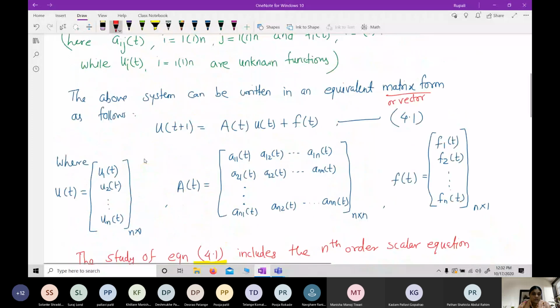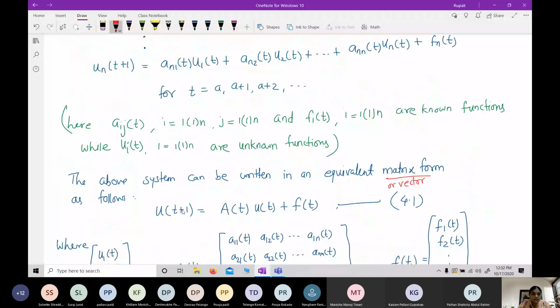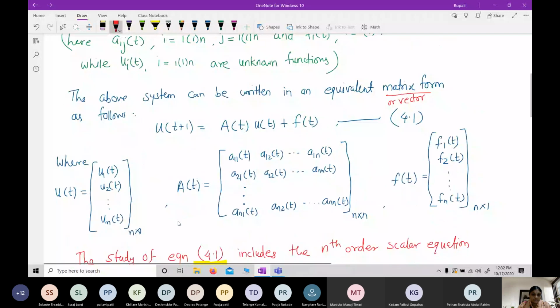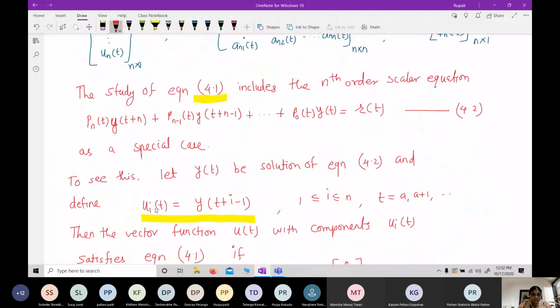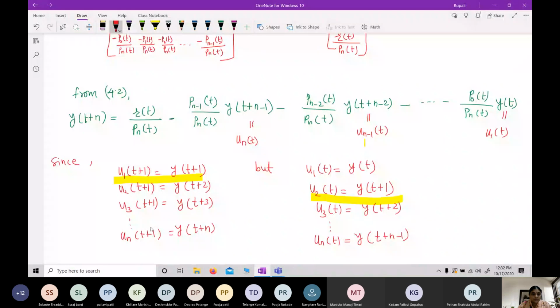You can see here u at t plus 1. u1 at t plus 1 is y at t plus 1 I want.